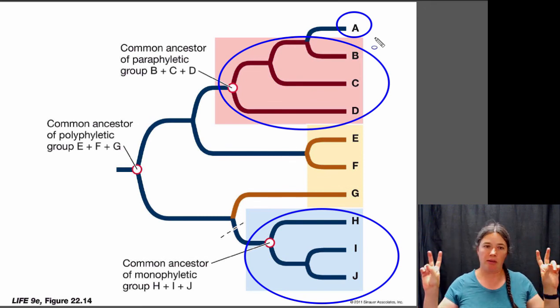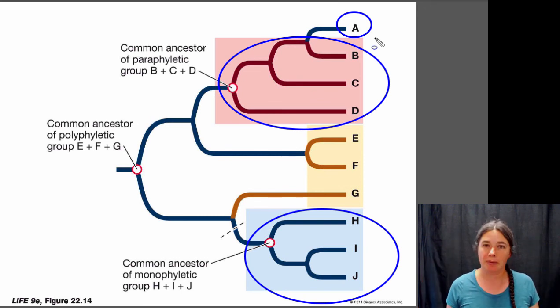So a great example of this is reptiles. If reptiles were monophyletic, birds would be included within reptiles. However, at least historically, most people have not considered birds a reptile. They probably should be considered a reptile. And so they would fall outside of the group even though they share a common ancestor with that group. Okay, so that's a paraphyletic group.